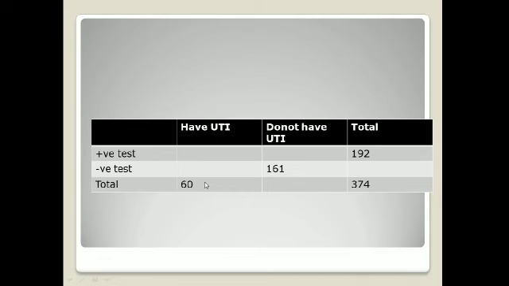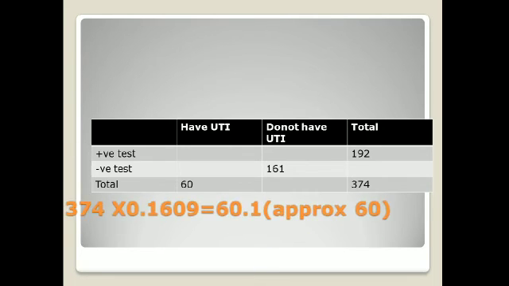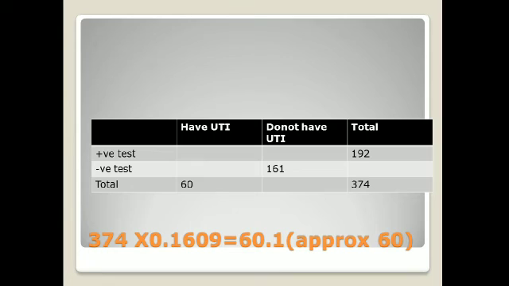And you might be thinking now how I got the 60, right? So let's see, in the question it has been written that 16.09% of those who were actually having the symptoms have the UTI. Okay, now let's see here, 374 times 0.1609 equals 60.